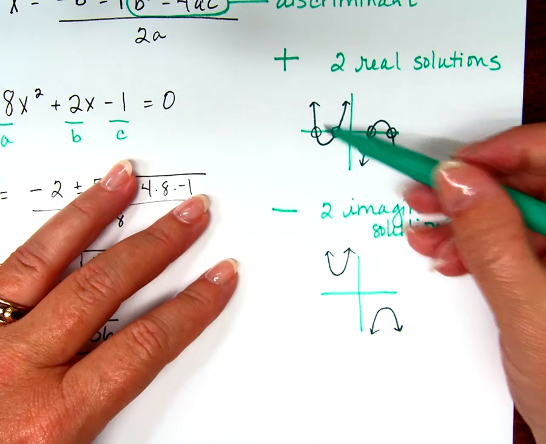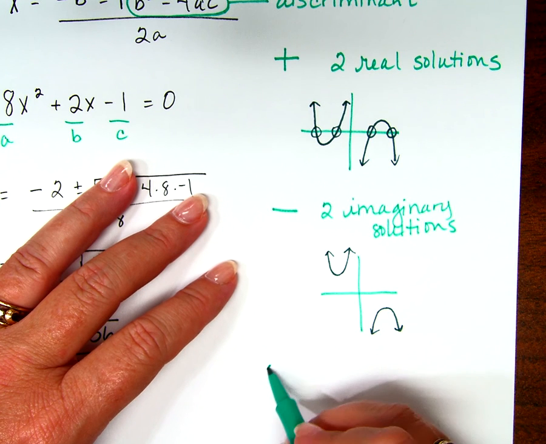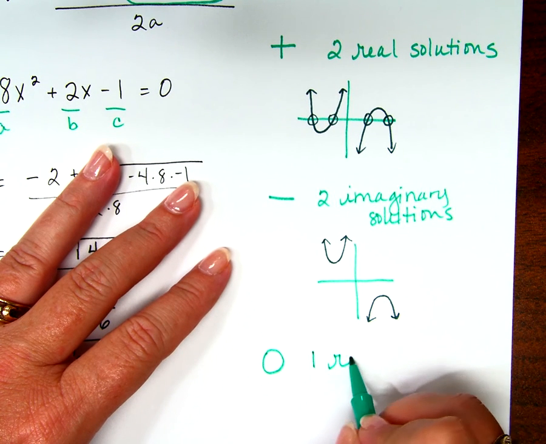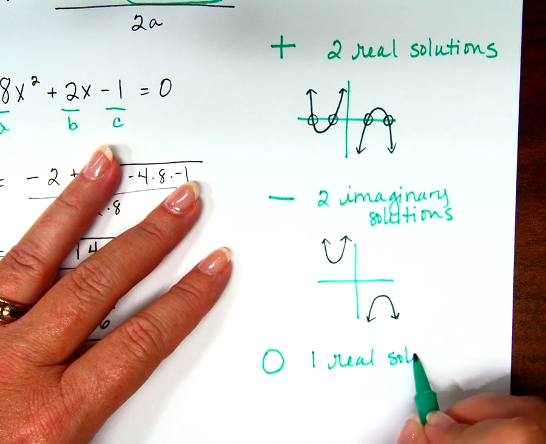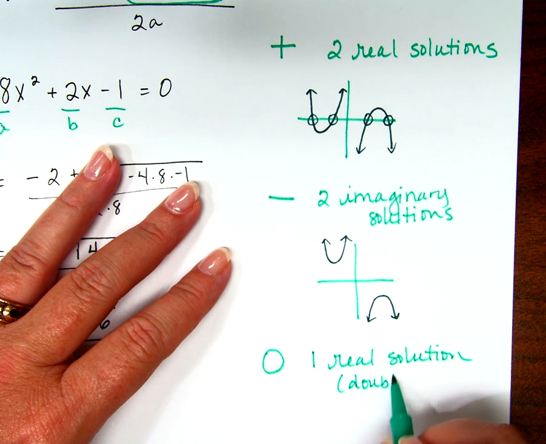What's the other option? It's either positive, negative, or 0. If it's 0, there's 1 real solution that has a double root.